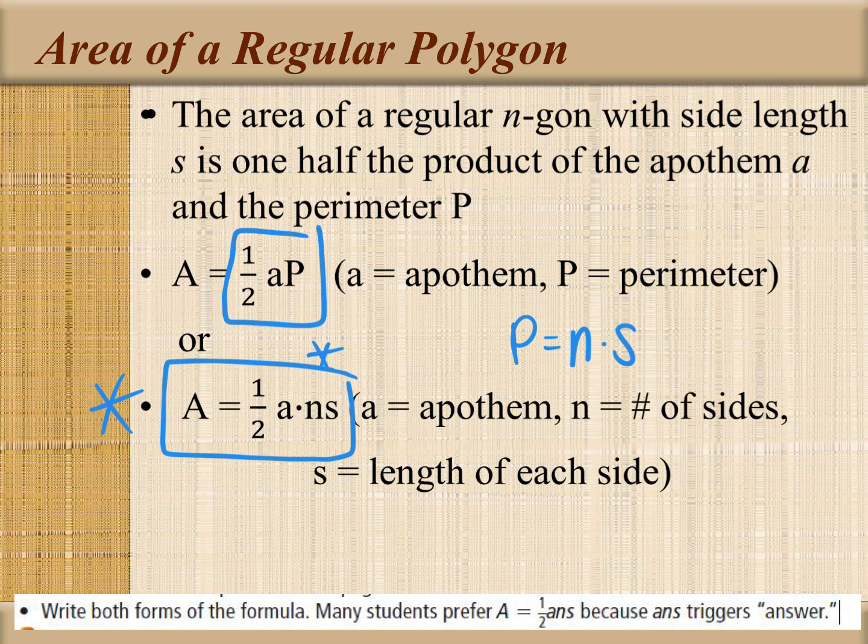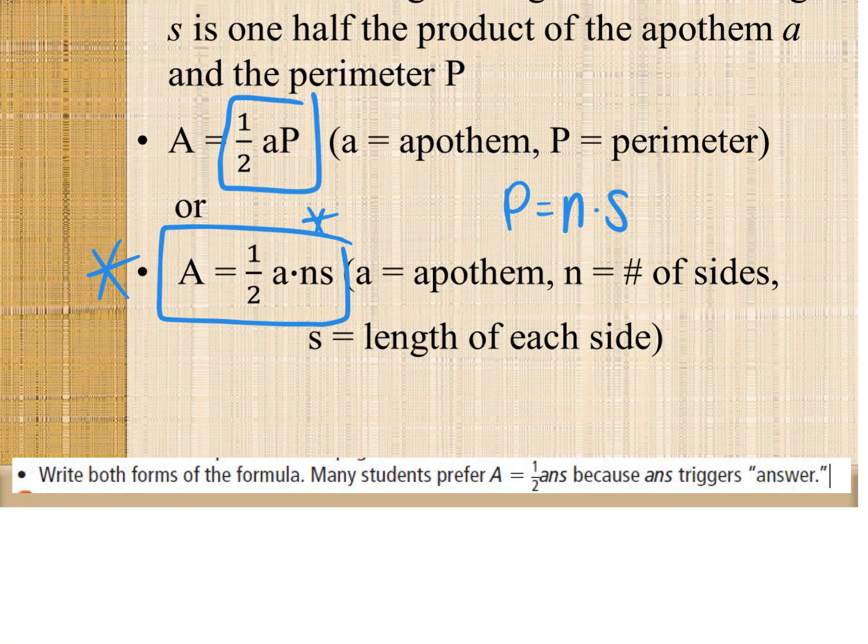A times N times S. I'm saying A, not the number 8. A and S usually triggers the word answer, okay? So just remember the area formula is related to the word answer, A and S. If it doesn't click for you, then don't try, all right? Okay, that's fine. Then just remember A and S, okay?